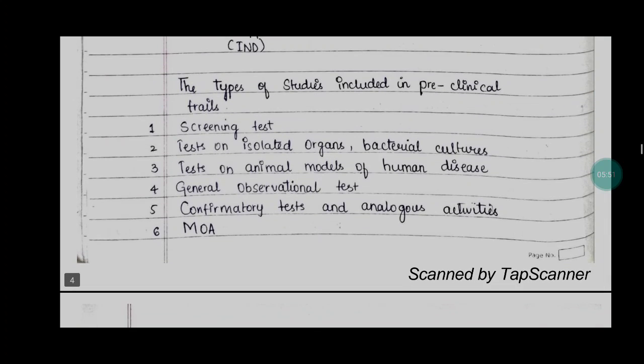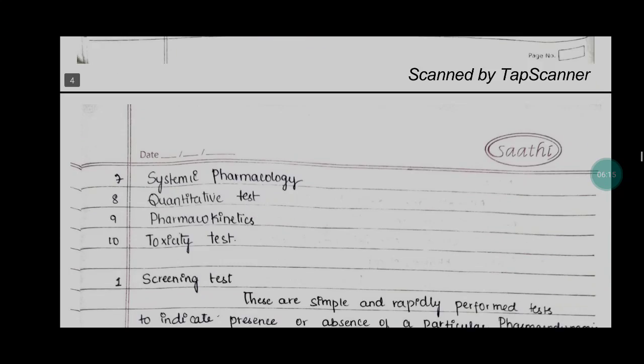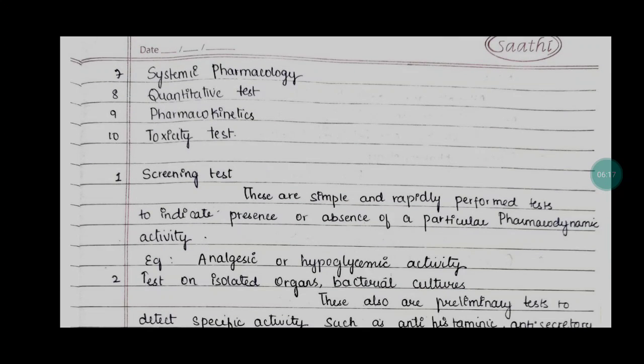The types of studies included in preclinical trials are screening tests, tests on isolated organs or bacterial cultures, tests on animal models of human disease, general observational tests, confirmatory tests and analog activities, mechanism of action, systemic pharmacology, quantitative tests, pharmacokinetics and toxicity tests.